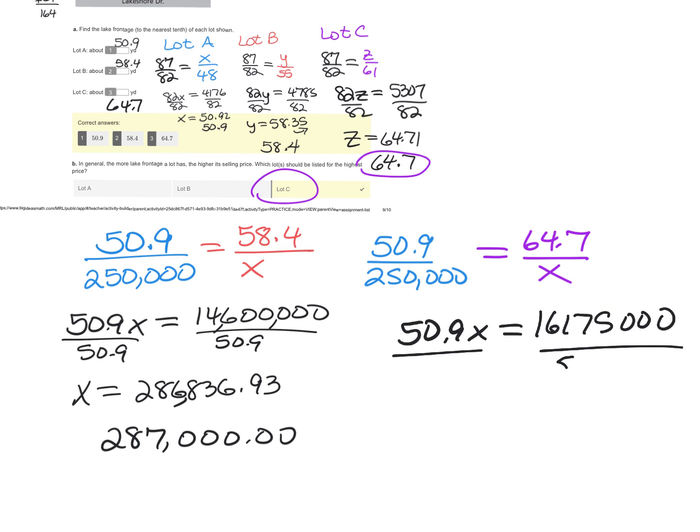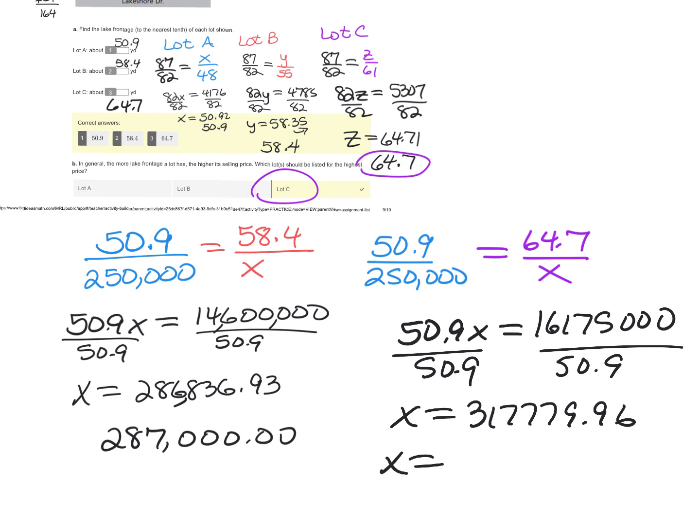Divide that by 50.9. And I get 317,779.96. Rounded to the nearest thousand, 318,000.